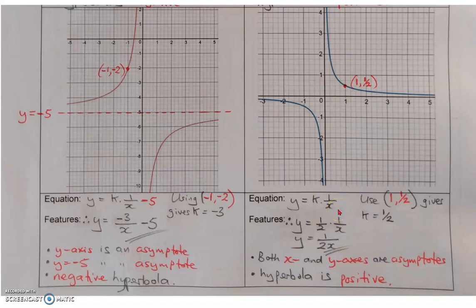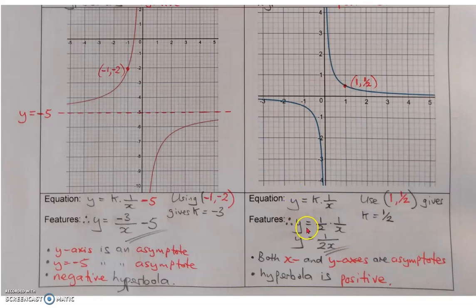So all you need to do is find a point through which it goes. Well, they've made this quite tricky one because there's no nice whole number coordinates it goes through. So I've chosen that one there. At least my x value is a nice whole 1, but my y value is 1/2. So if I put those values into this equation, I get 1 divided by 1, which is my x, and the y is 1 over 2.